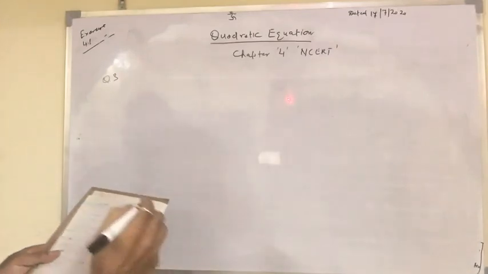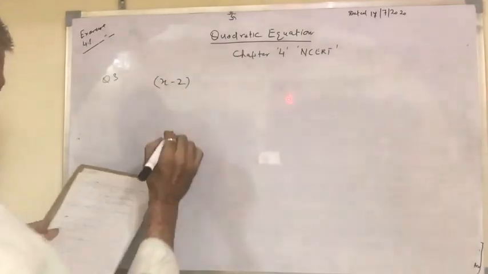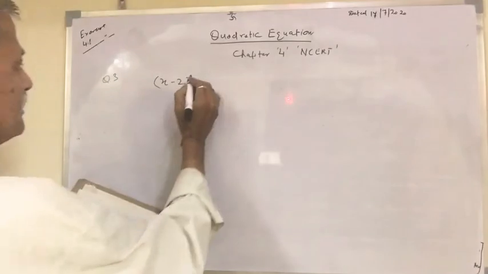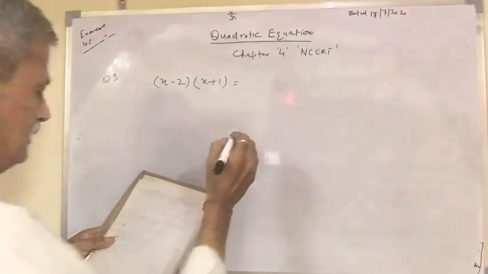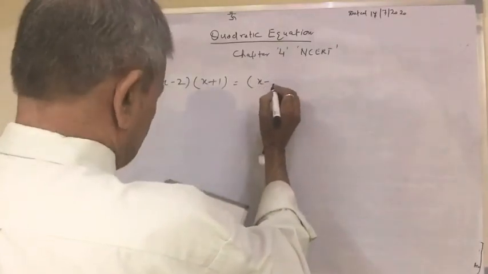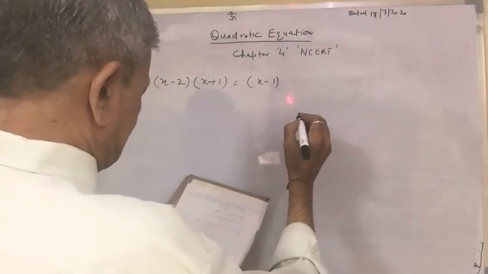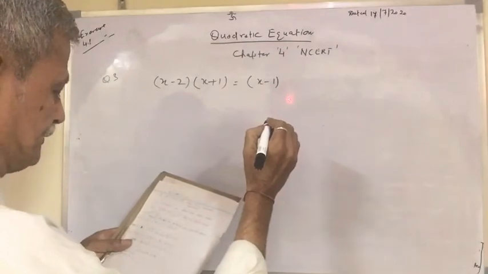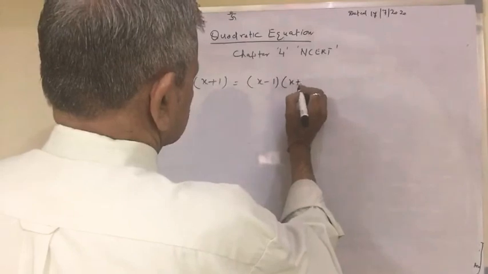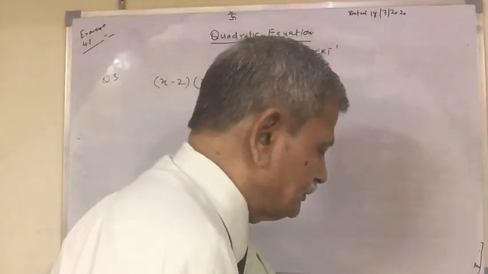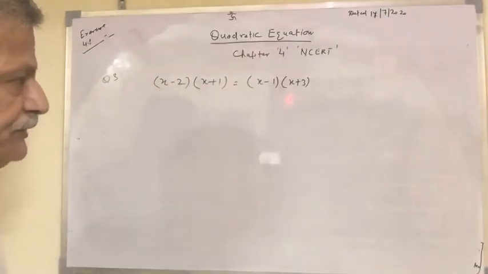Now in question number third, it is given (x minus 2)(x plus 1) is equal to (x minus 1)(x plus 3). Now in the above question you have to show whether it is a quadratic equation or not.